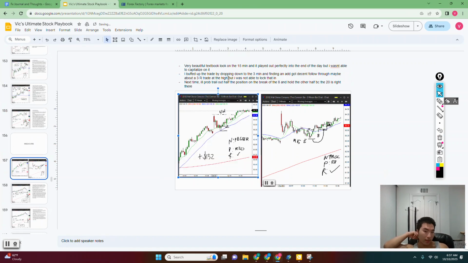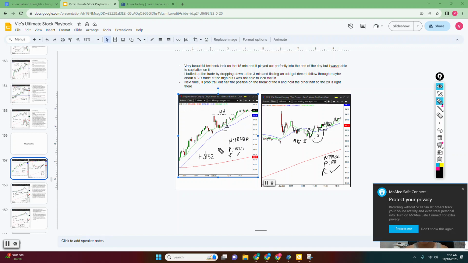But it panned out perfectly on the 15. Beautiful uptrend here. Comes back, tests the 15, never triggers, then finally triggers right at the 20, and then just went up for the rest of the day, essentially closing at the highs almost. So that's a plus $132 trade.